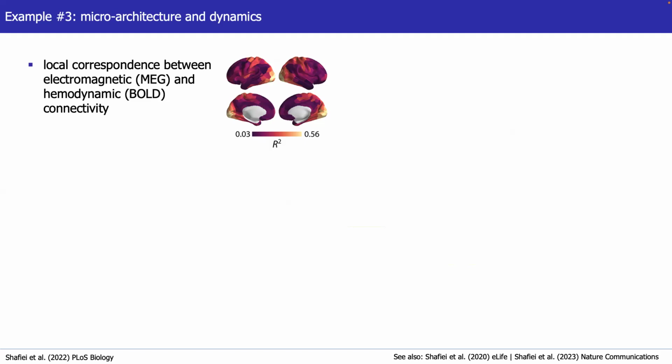This is a map that shows you the level of correspondence between MEG and fMRI in different brain areas. The notable thing about the map is that you have high correspondence in primary visual cortex, primary sensory cortex, and somatomotor cortex, and low correspondence in what you would call transmodal cortex. So it follows this unimodal-transmodal gradient.